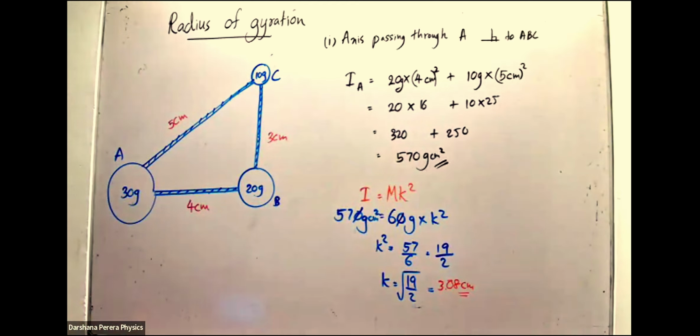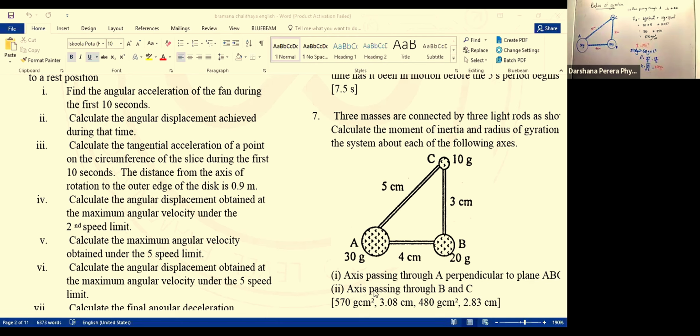Okay. Likewise, taking another value, there is another problem also. It is asking for the axis passing through B and C. Find it.